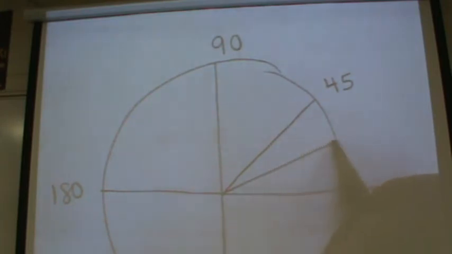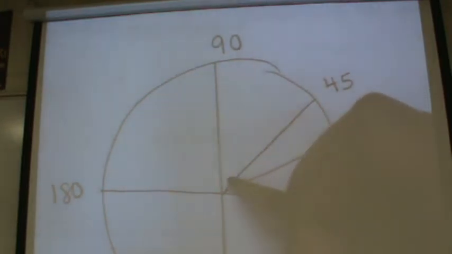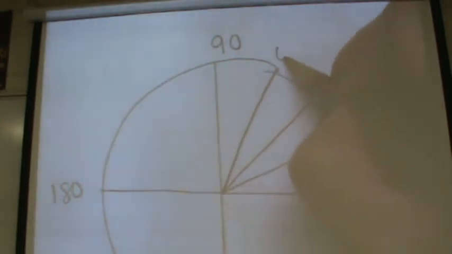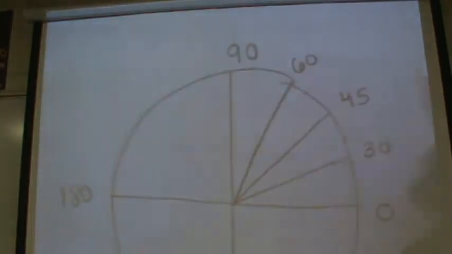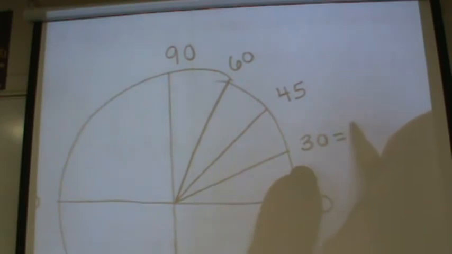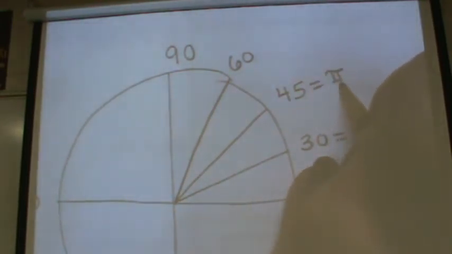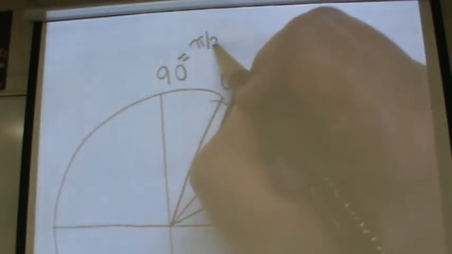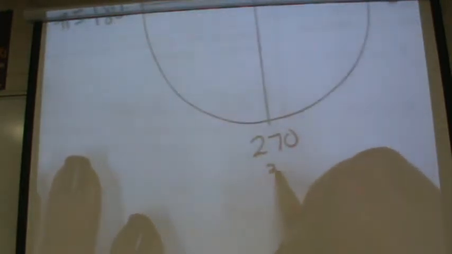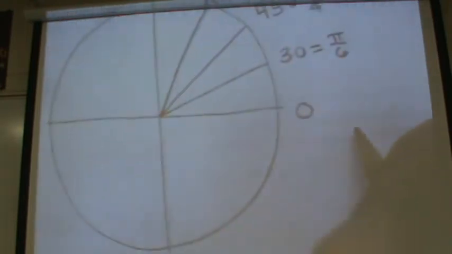What's this right here? 60. Do you remember the equivalent in radians? This is pi over 6. This is pi over 4. This is pi over 3. This is pi over 2. This is pi. This is 3 pi over 2. And this is 0 or 2 pi.